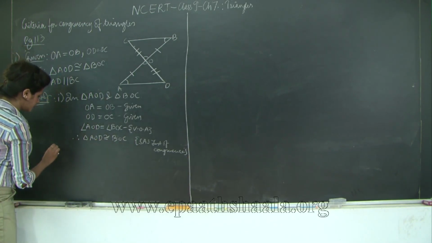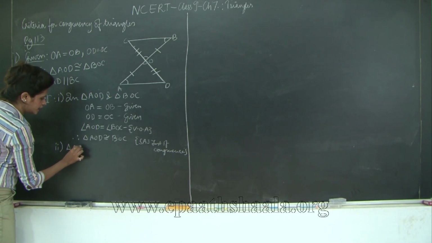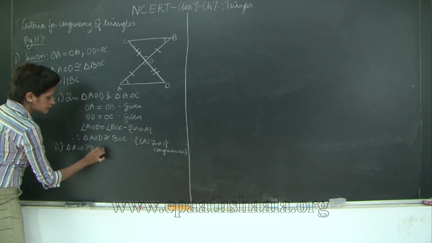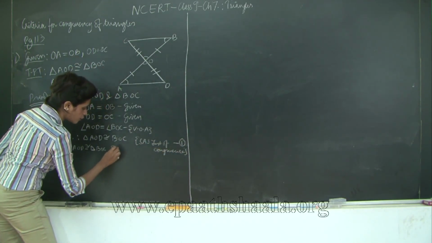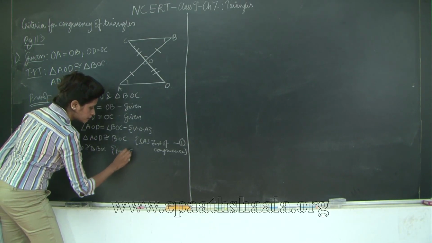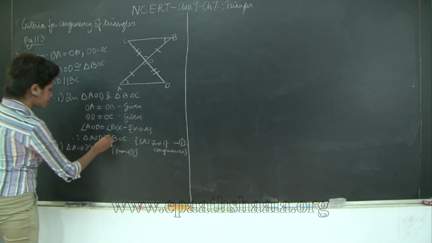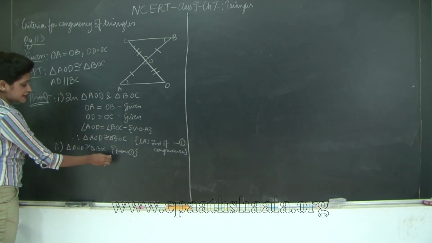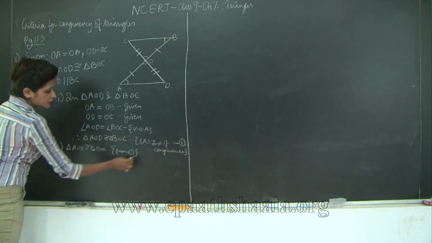So, I will say second part, triangle AOD is congruent to triangle BOC, correct. I will mark this statement as 1 over here. So, I will say from 1. So, these two triangles are congruent, therefore, and I have taken reference from equation 1.